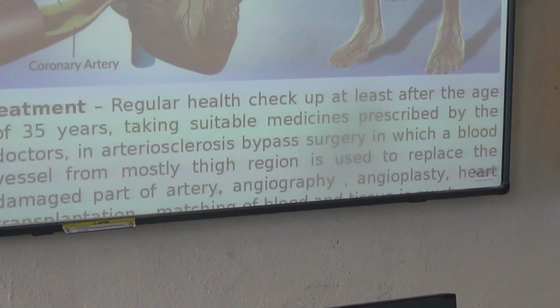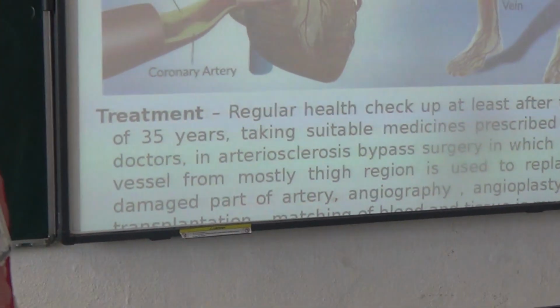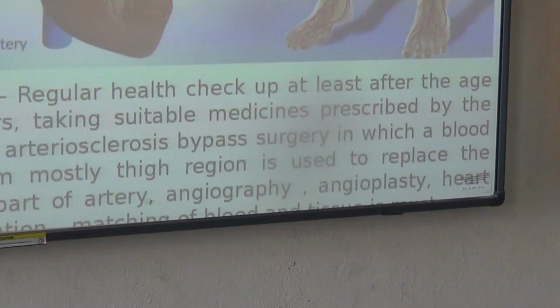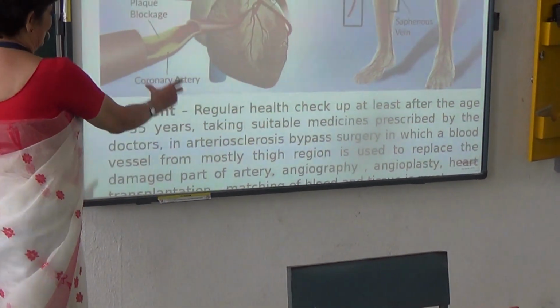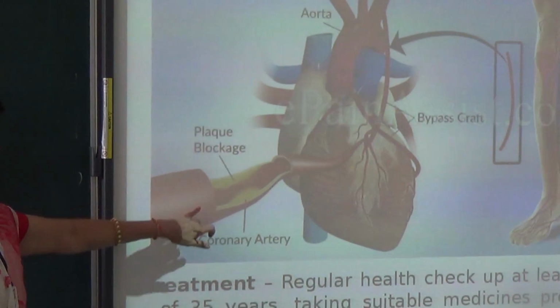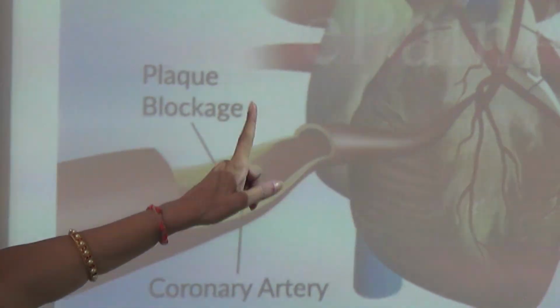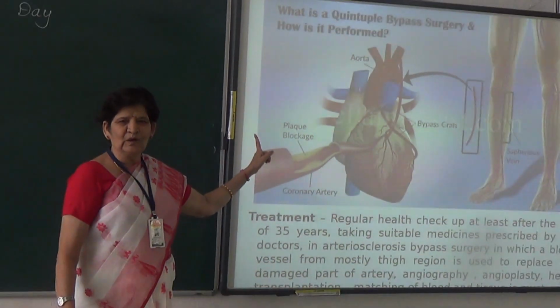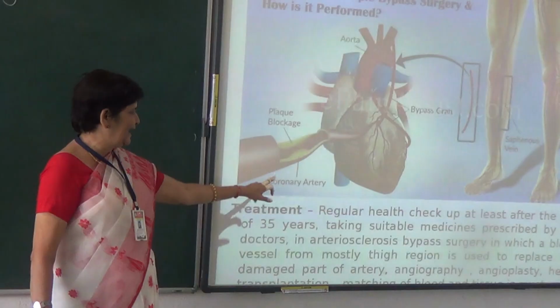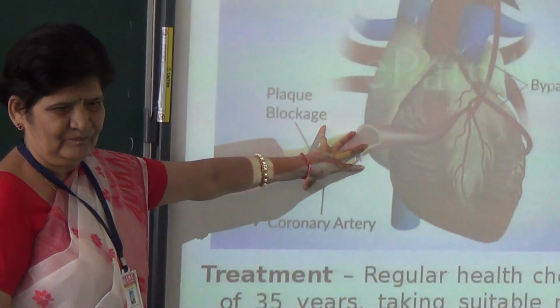Then, in case of arteriosclerosis, bypass surgery is done. What is that bypass surgery? See here, development of blockage. Why? Due to excess of fats, cholesterol and triglycerides, these are deposited. Here the artery is blocked.